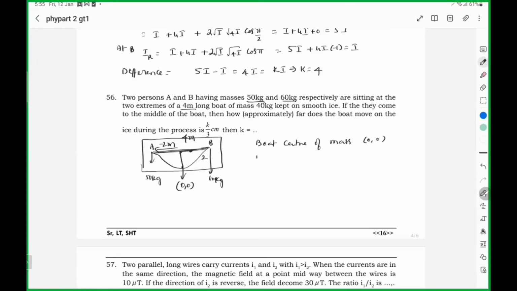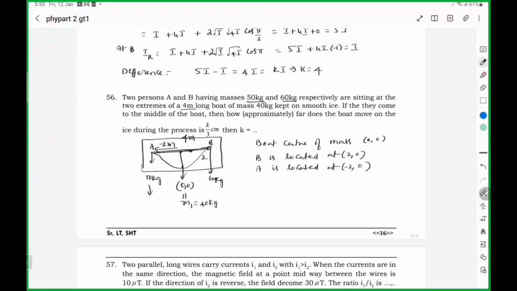So person B is located at 2 comma 0. It's only a coordinate system. A is located at minus 2 comma 0. Say the boat's mass is M1, which is 40 kg.